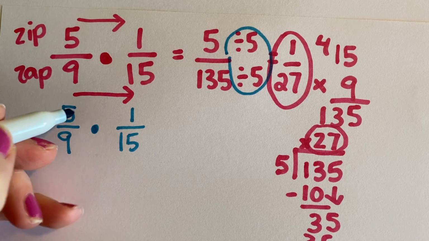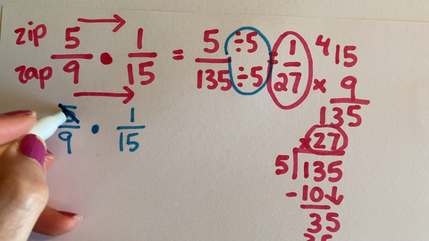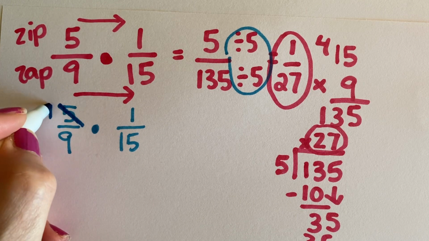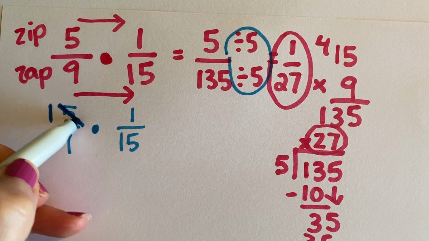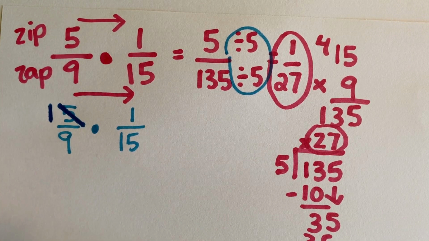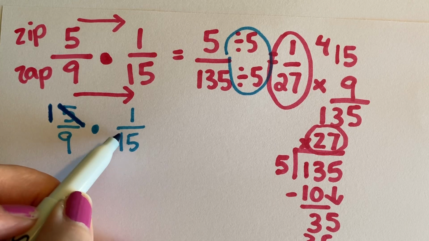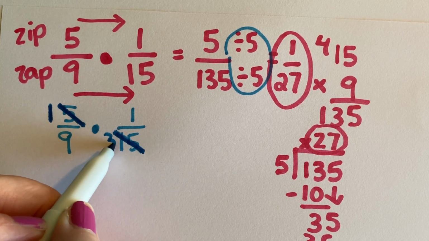So this is what you do. 5 divided by 5 is 1. Notice what I did there. In my head, I'm taking 5 divided by 5, and I'm replacing that with 1. Down here, 15 divided by 5 is 3.